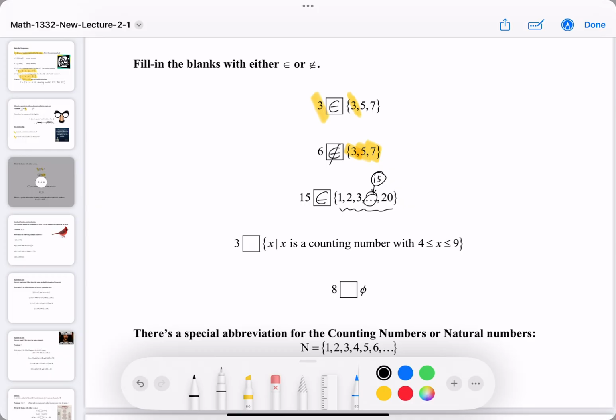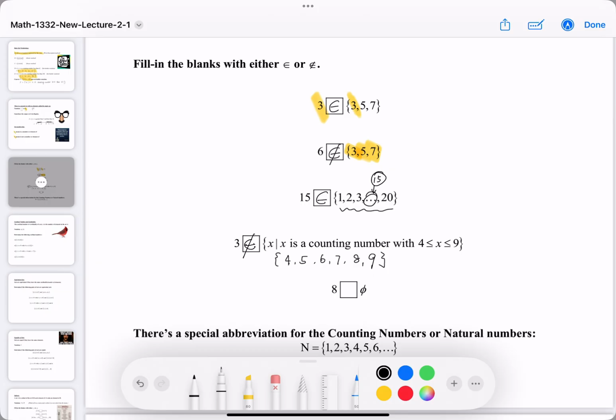That means all of the elements of x are 4, 5, 6, 7, 8, 9. This is the set builder notation in the roster method. So these are all of the elements, and 3 is not an element of the set. So I'm going to say is not an element.